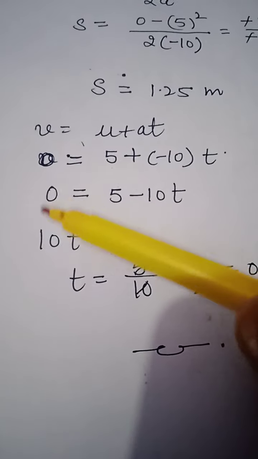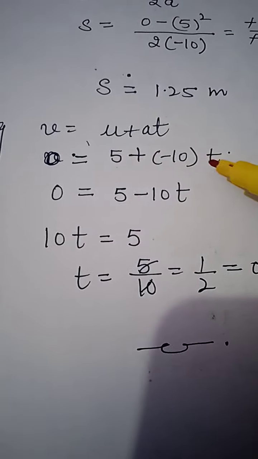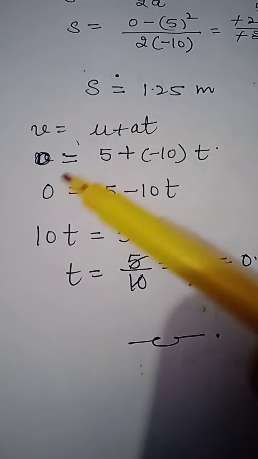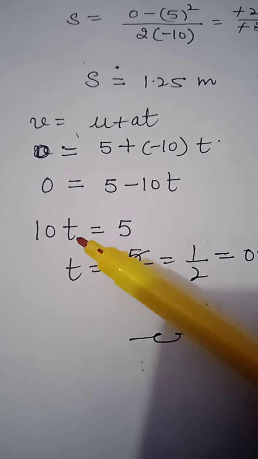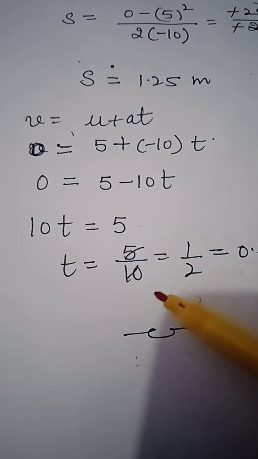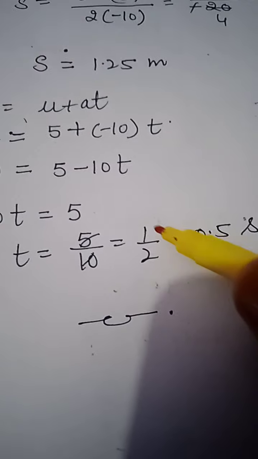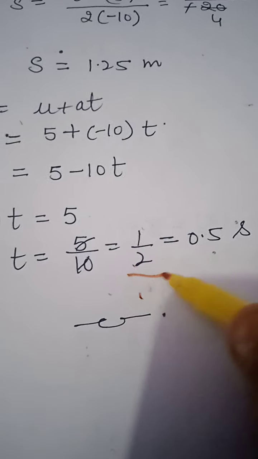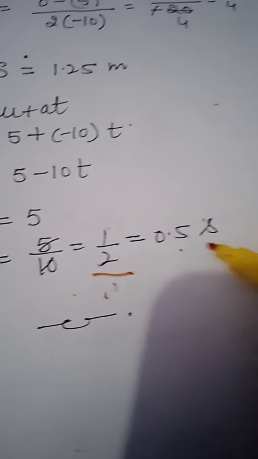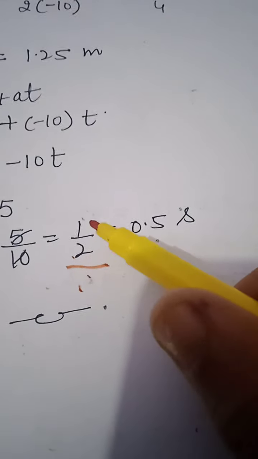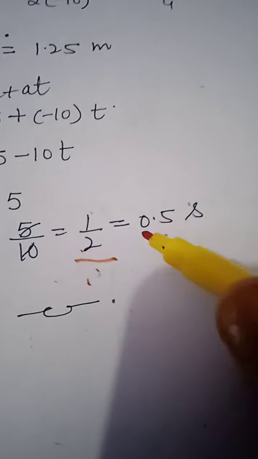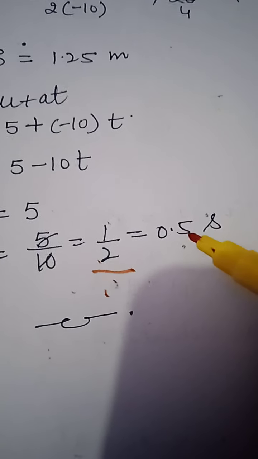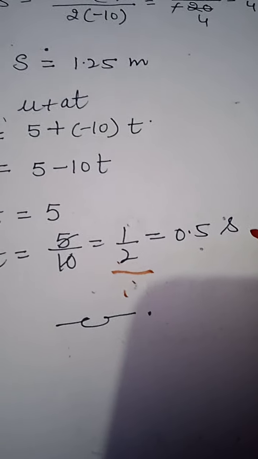So 0 is equal to 5 minus 10t. So 10t is equal to 5. Therefore t is equal to 5 upon 10, which is equal to 1 by 2, that is 0.5 second.